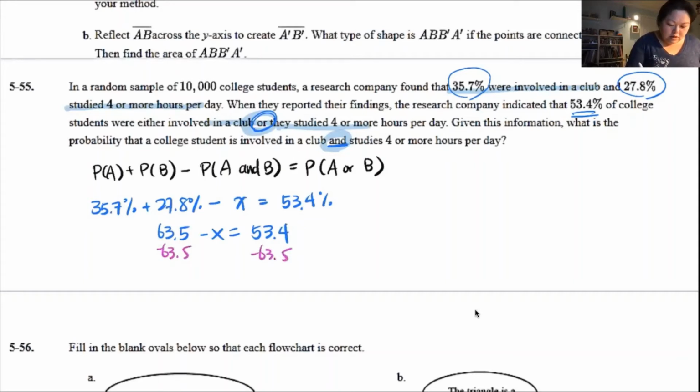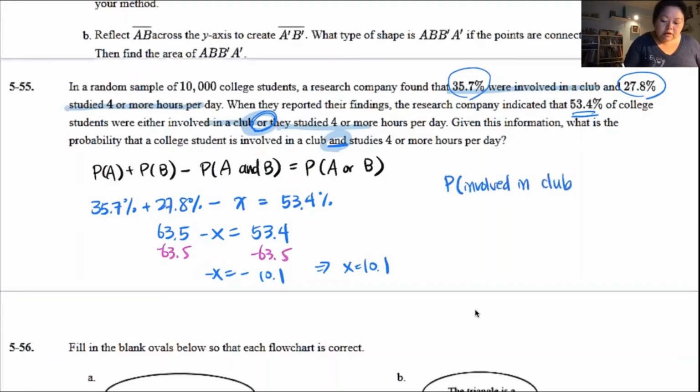And that will get you negative X equals negative 10.1. Divide by negative 1 so that you get X equals 10.1. So the probability of being involved in club or studies 4+ hours a day, or, that's a key point, right?